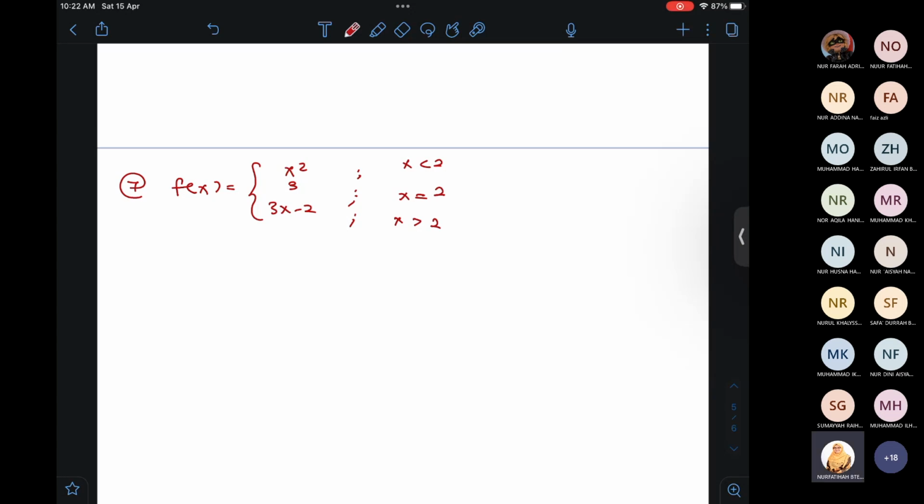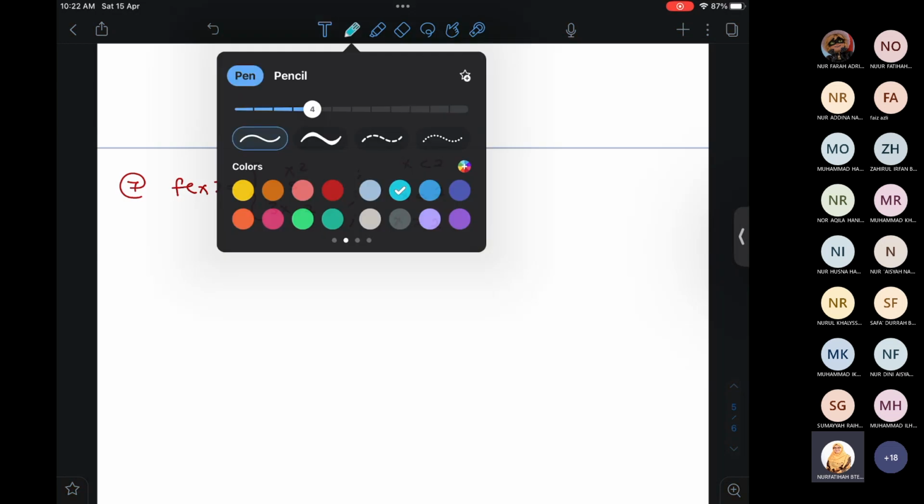Continuous or not continuous? Discontinuous. The answer is discontinuous.